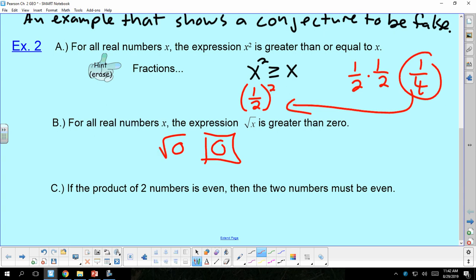If the product of two numbers is even, then the two numbers must be even. Think about that for a second.